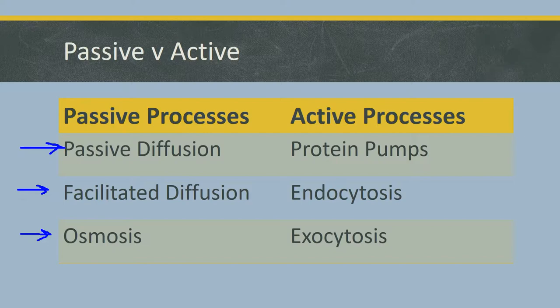The fourth one, or the first active process, would be a protein pump, then endocytosis, and then exocytosis. So 6 processes. You need to be able to draw a diagram of each, explain what's going on, maybe with bullet points, and then give an example of a molecule that is moved by each process.